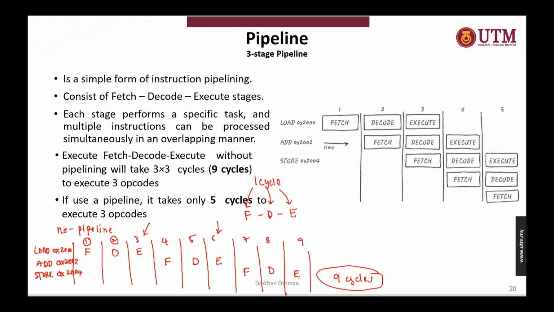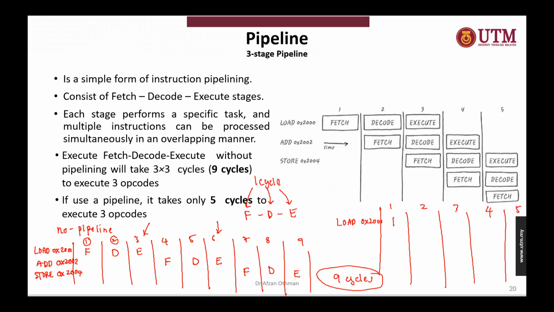Meanwhile, if you're using a pipeline, I draw this one here. So this is 1, 2, 3, 4, 5. First, do load 0x2000.